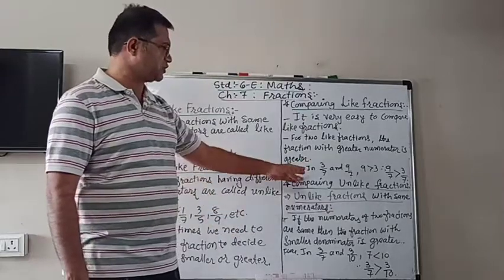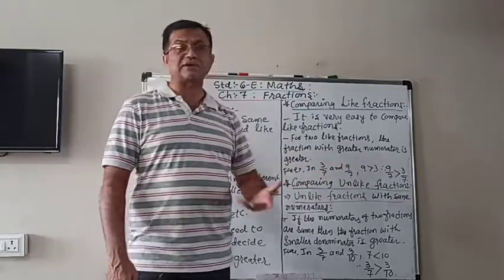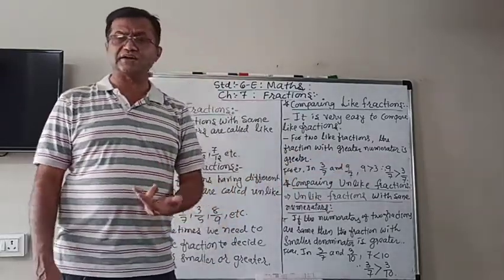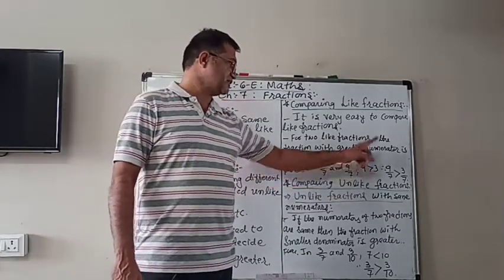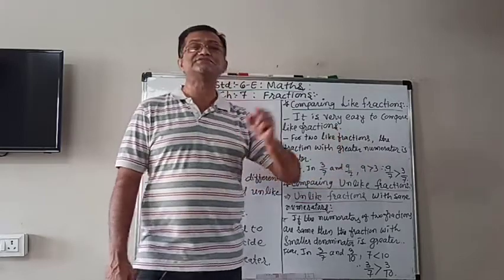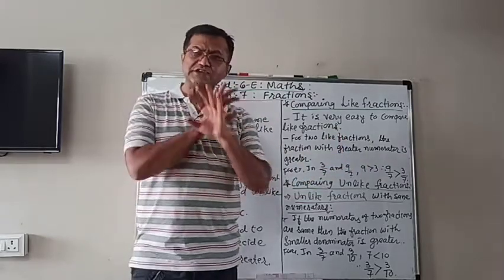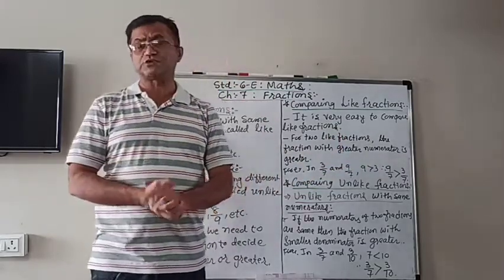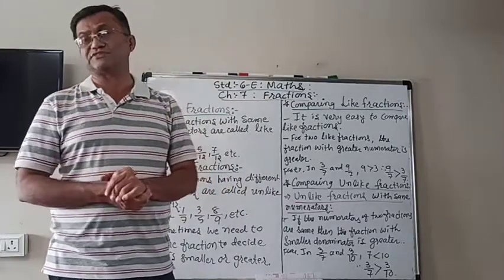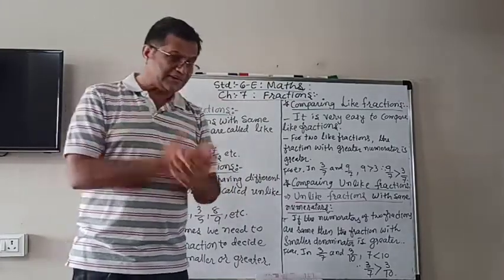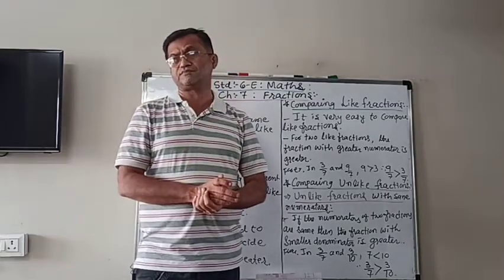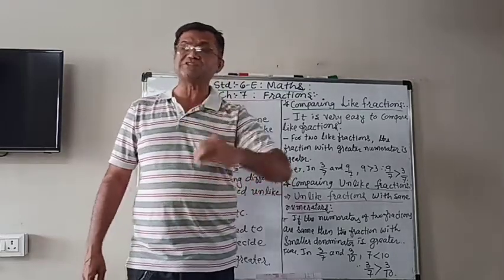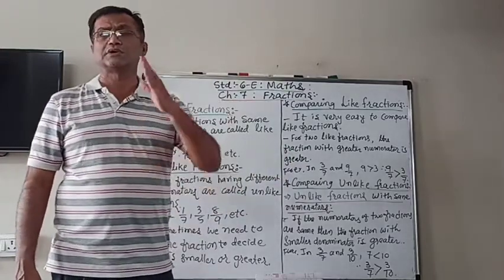For example, as I told you, 3 by 7 and 9 by 7. So here 9 is greater, and therefore 9 upon 7 is greater than 3 upon 7. So it is very easy to compare like fractions. But now when there are unlike fractions, then it is not so easy to compare them.